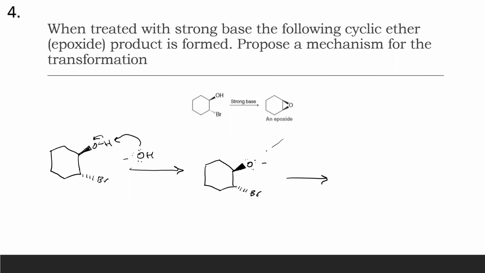You have now a strong nucleophile, and you have a good leaving group, the bromine. So what happens is actually an intramolecular SN2 process, which forms your epoxide product.